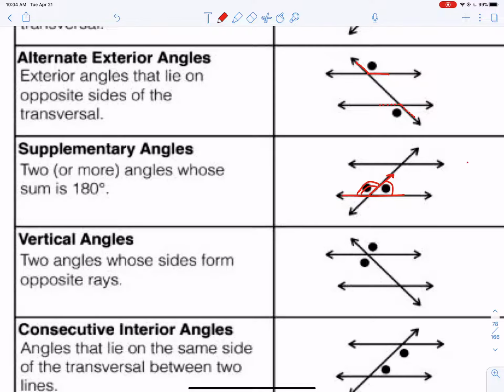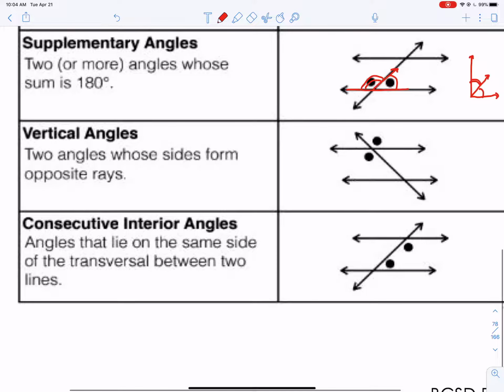Remember, the other one that we've learned is complementary, and that's when two angles add to make 90 degrees. Okay, so they're not the same angle measurement, but they add to make either 90 or 180, depending on if it's complementary or supplementary.